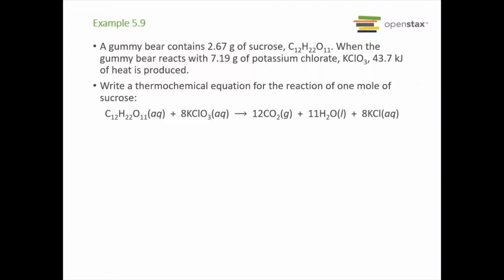Now, we aren't given moles here. We're not given stoichiometric factors. We're given grams of reactants. We cannot do anything until we know our limiting reactant. So we have to figure out if it's sucrose or potassium chlorate. If you remember, the first thing we need to do is turn everything into moles.